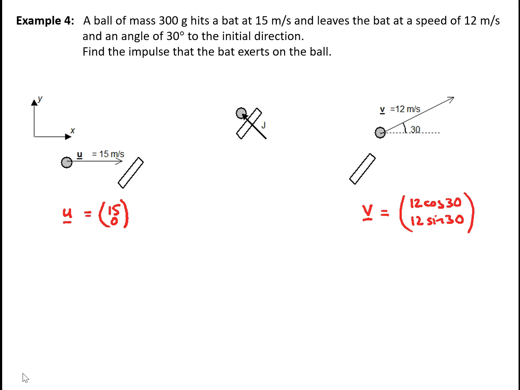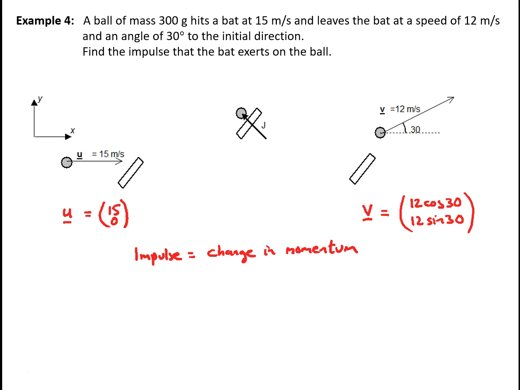So now we can apply the impulse equals change in momentum equation. So the impulse J is equal to the final momentum minus the initial momentum. The final momentum is 0.3 times v, and the initial momentum is 0.3 times u.